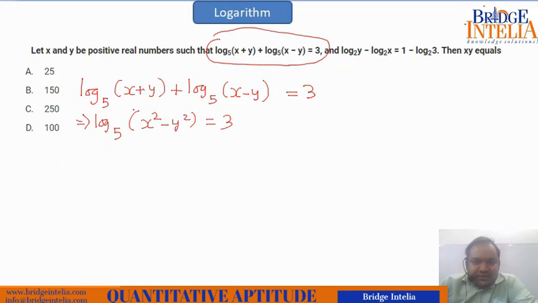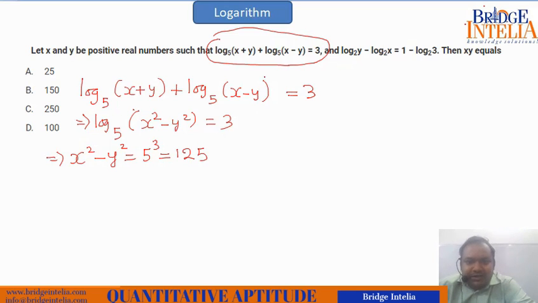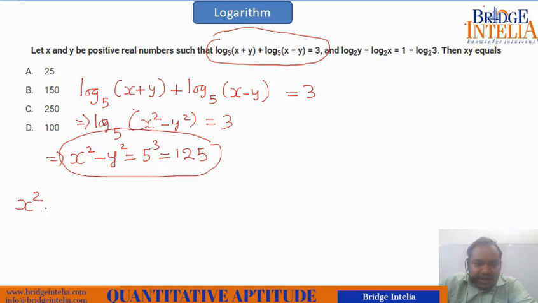Because it is the product rule: log a plus log b can be written as log ab. Here a is x plus y, b is x minus y, so ab becomes x square minus y square. So it is very evident that x square minus y square is equal to 5 cube, which is equal to 125. This is the first piece of information that we got.